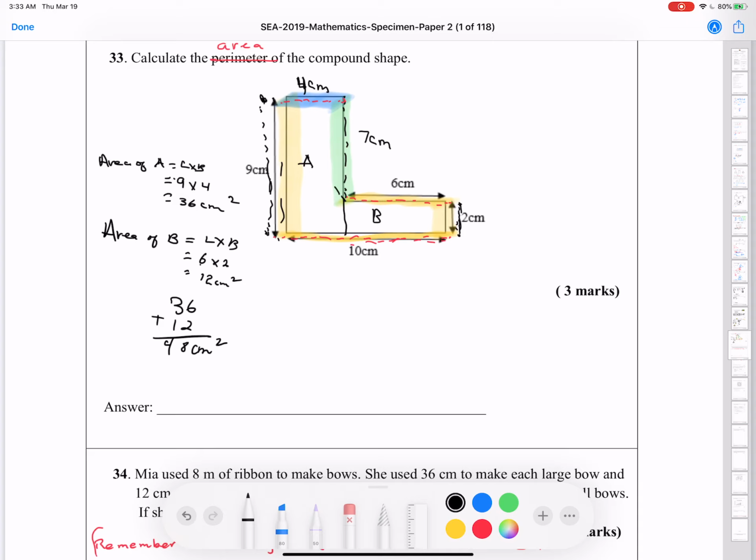I'm going to leave the calculation here on the left. I will just erase the markings. Okay, eraser. All markings gone. We're going to split the shape the other way.